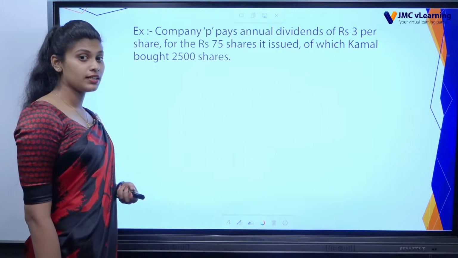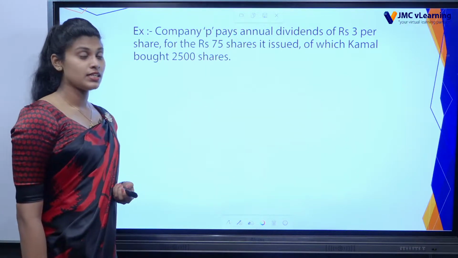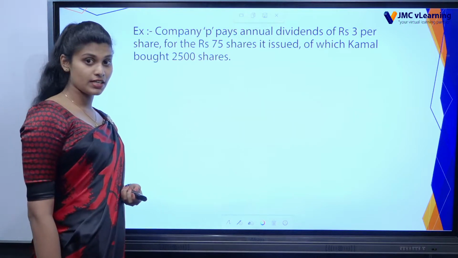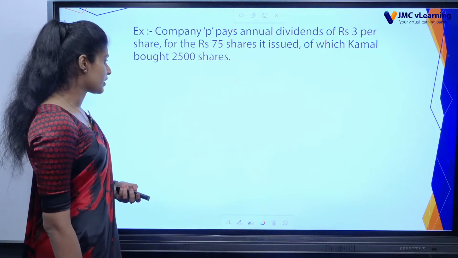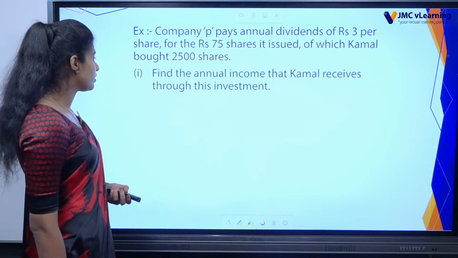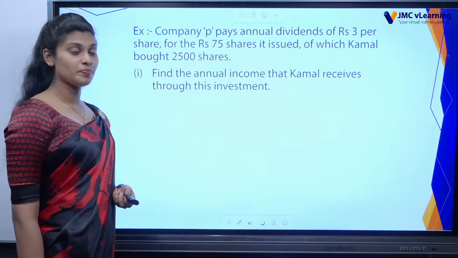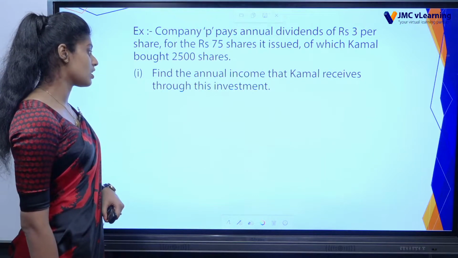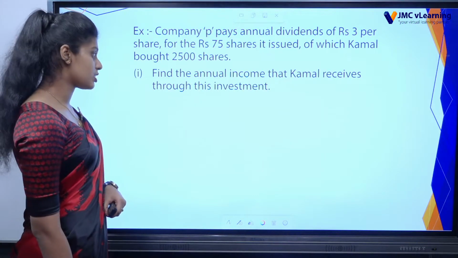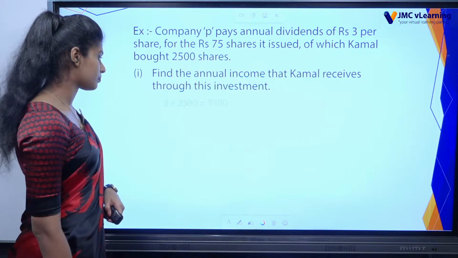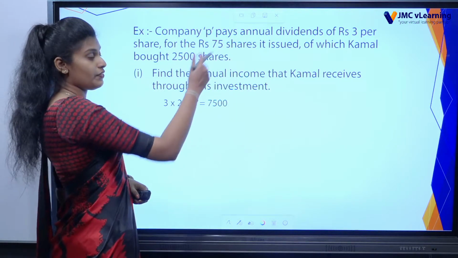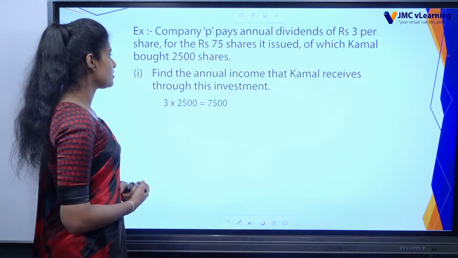Annually or quarterly, the company pays a dividend of 3 rupees per share. Let's find the annual income that Kamal receives through this investment. How can you find the annual income? The dividend is 3 rupees.